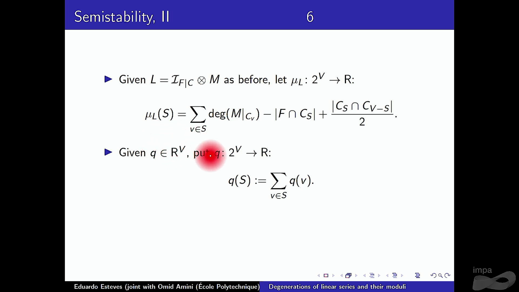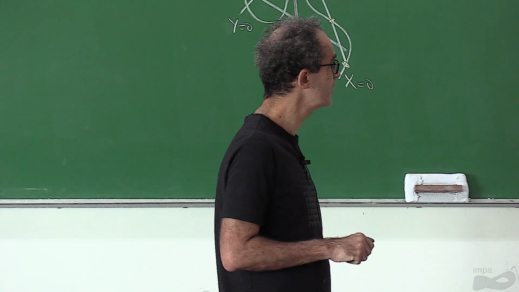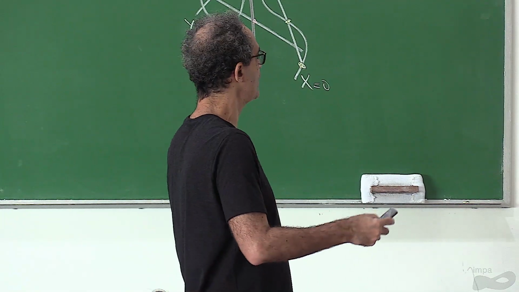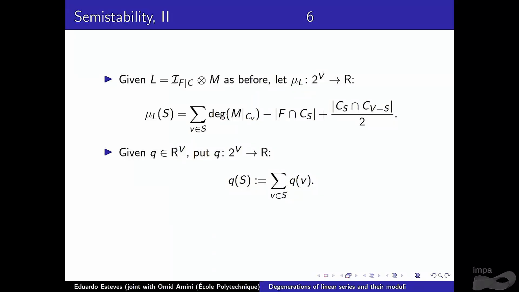And then you can also define Q on subsets. The idea is that we view this Q as a sort of virtual multi-degree. It could correspond to the multi-degree of a line bundle, which is the tuple of degrees on each component. And above, without this correction term, you have the multi-degree of the sheaf.